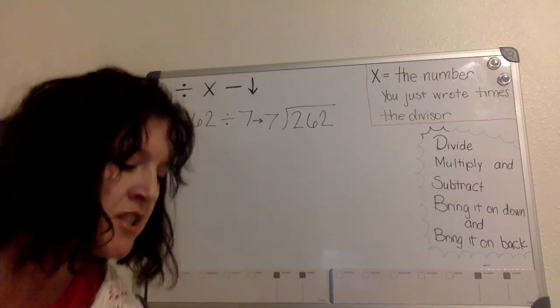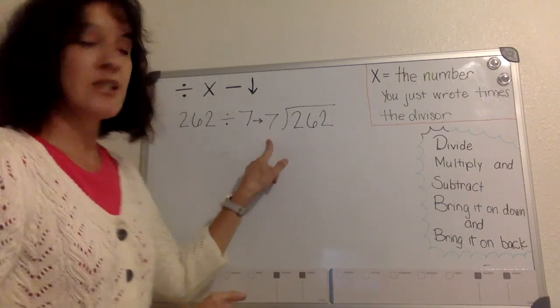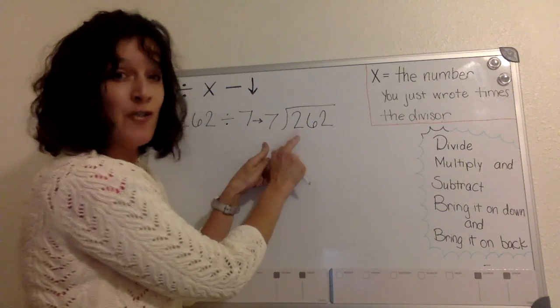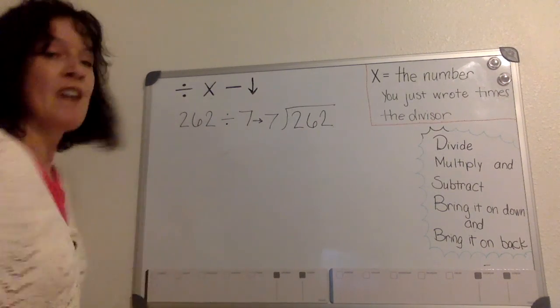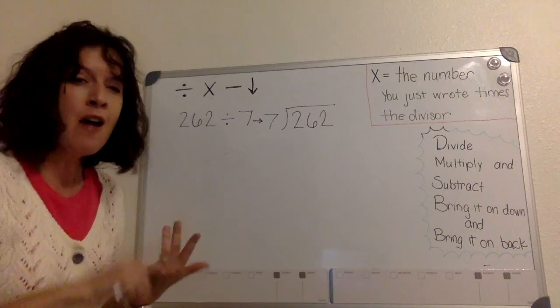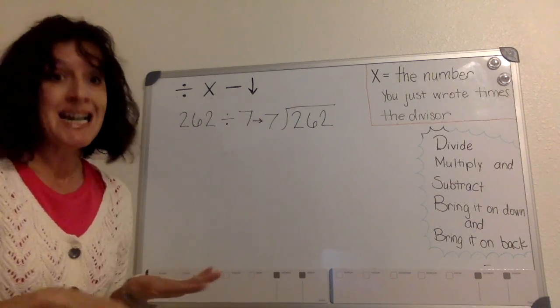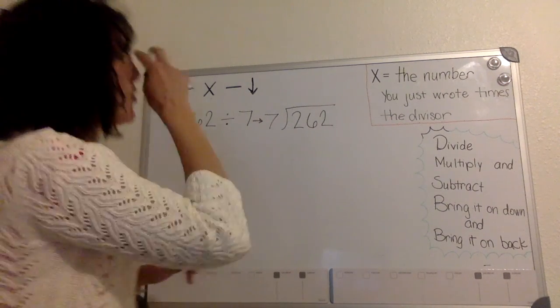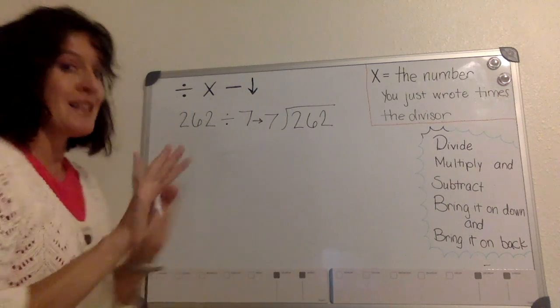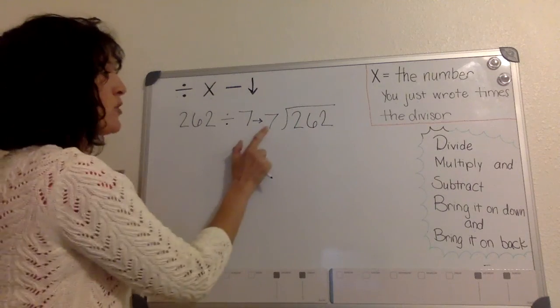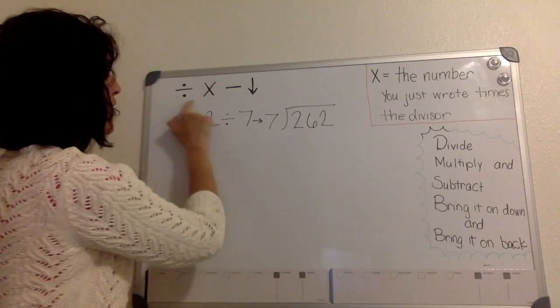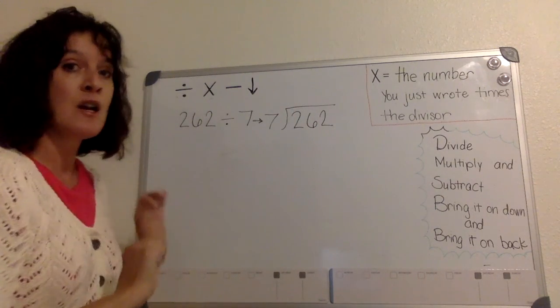So the first thing I do is I look at my divisor and I look at the first number. 2 divided by 7, or how many 7s fit into 2? None. Okay, so now this is where it gets a touch confusing. What you could do is put a 0 up here and do the whole thing like this.